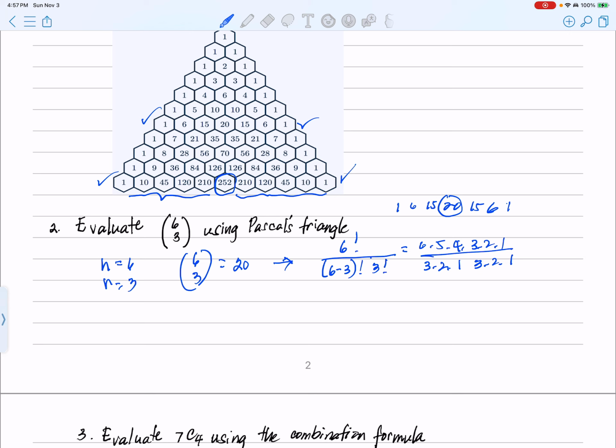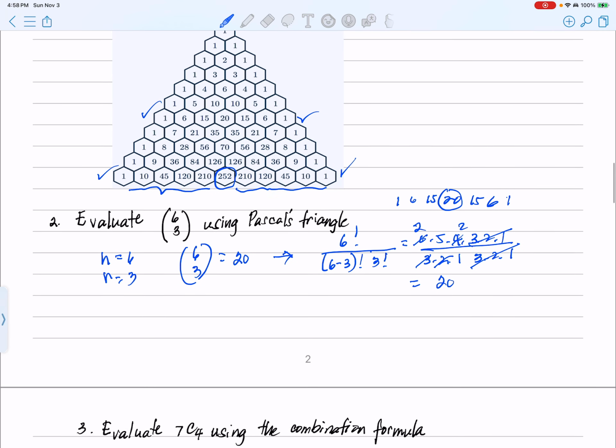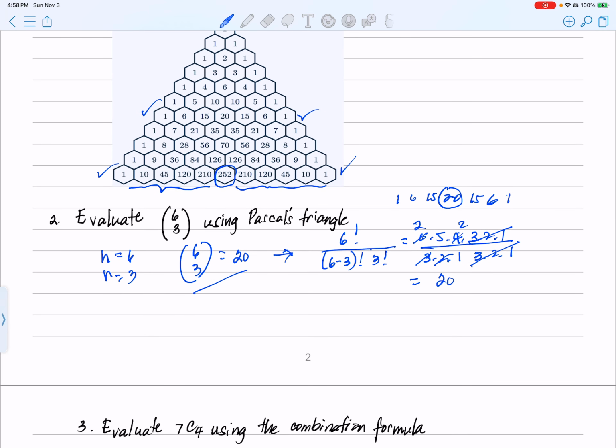I can cancel this 3 times 2 times 1 right there. Then I could reduce 3 by 6, that's 2, and 2 by 4, that's 2. So 2 times 5 times 2 equals 20. Same thing, but it's much easier if you are looking at Pascal's triangle.